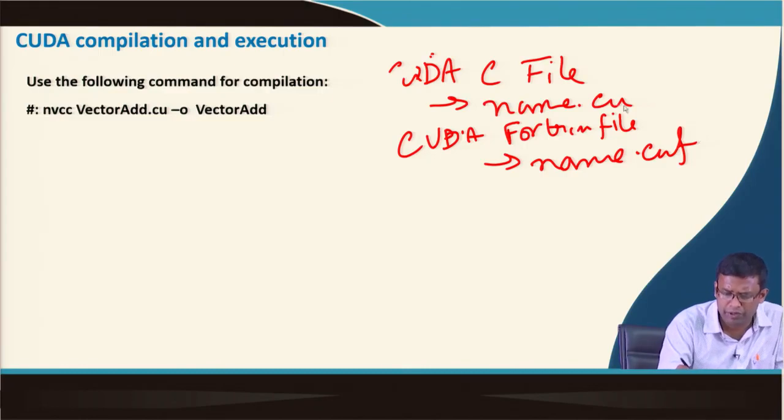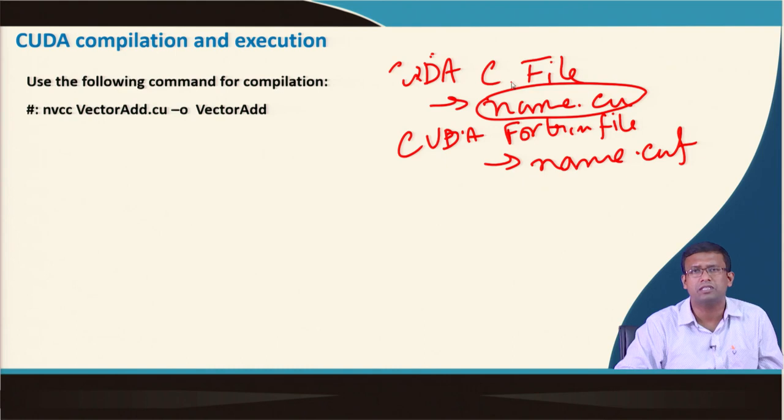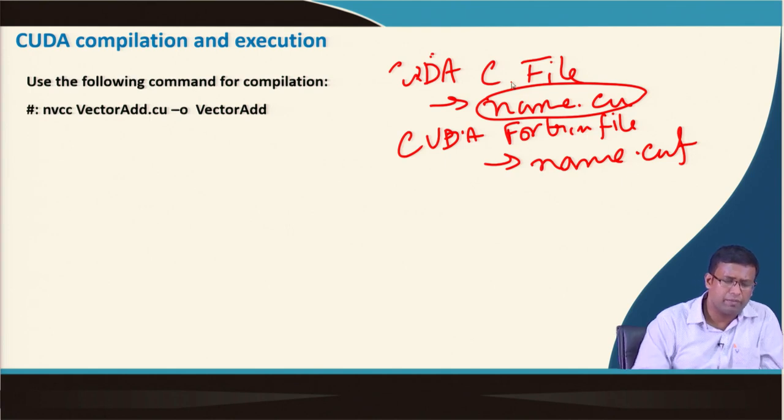When you write a CUDA C file, that means a C program in which you write CUDA instances, the file name is to be given as file name.cu. Cu is the extension. So, the compilation command is nvcc vectored.cu -o vectored.